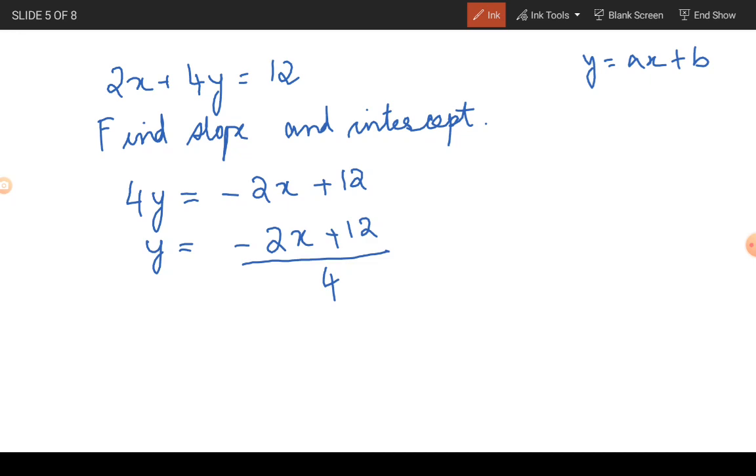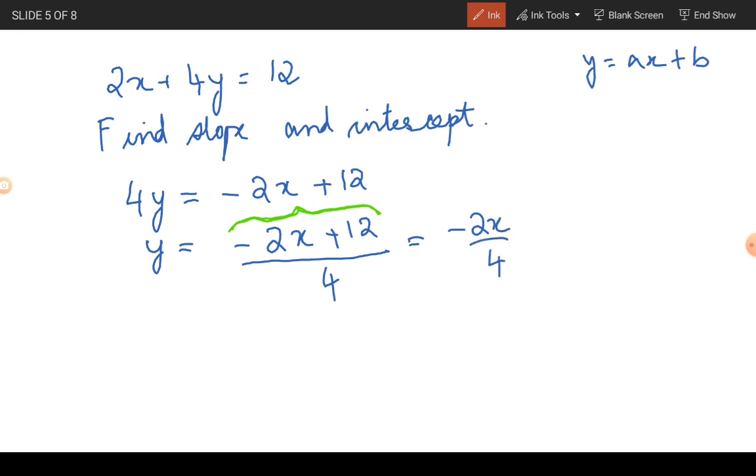Please note that when you have an entire equation divided by a number, this is the same thing as each term of the equation being divided by that number.